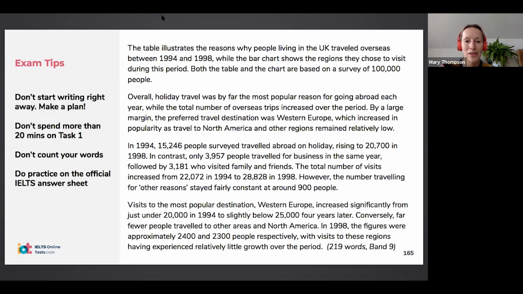You've got 3,957 people travel for business, followed by, so it's going to be a number that's less than that. It's like the next one, but it's a nice linking phrase to use. Yeah, exactly. Instead of saying the highest is this, then this, you can say followed by. So as you said, Mary, the next one in the sequence.